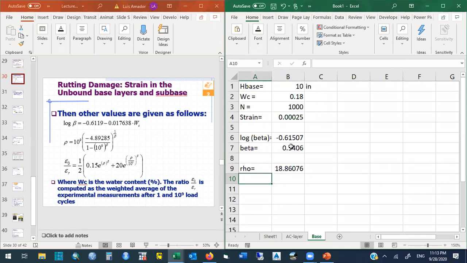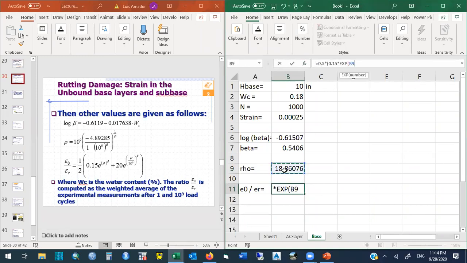And E0 over ER is, I'm just gonna write 0.5, times 0.15 exponential, sorry. Is rho, let me see. Yeah, it's rho to the power of beta. Ah, I forgot the equal.